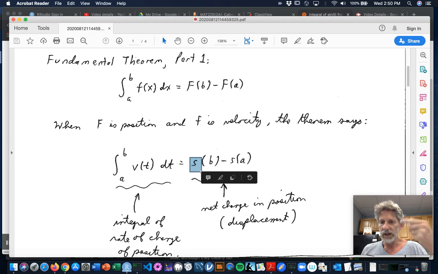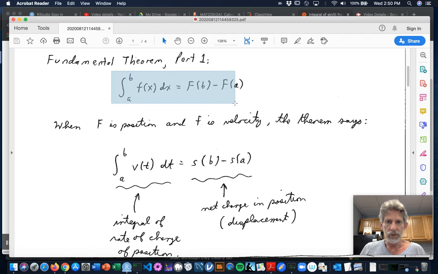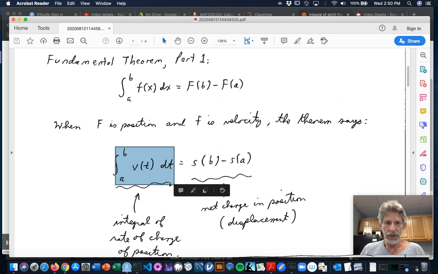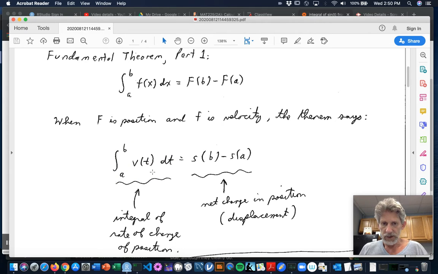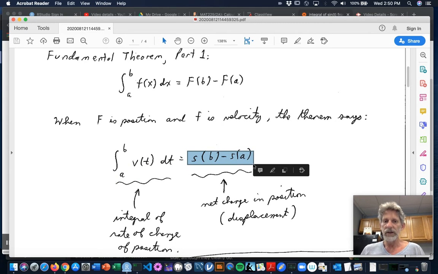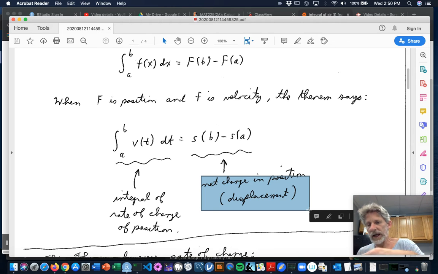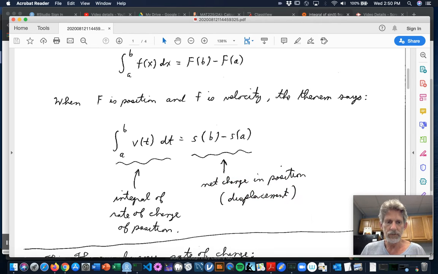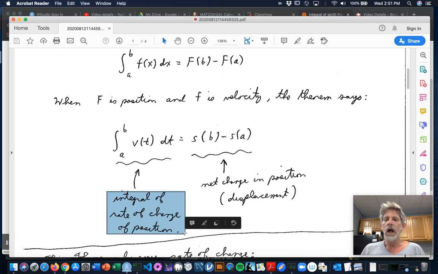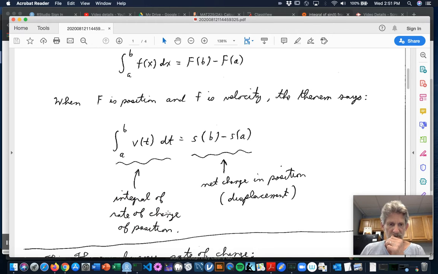Then what this theorem really comes to is that the integral from A to B of velocity is the difference in positions. That is to say, your displacement, the net change in your position from time A to time B, is the integral of the rate of change of your position.